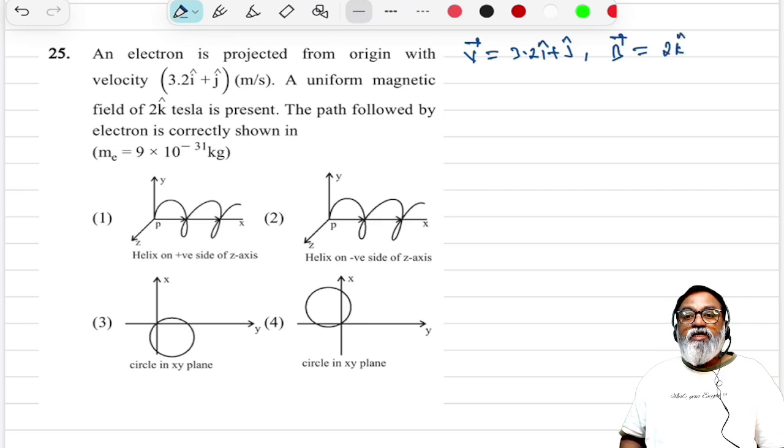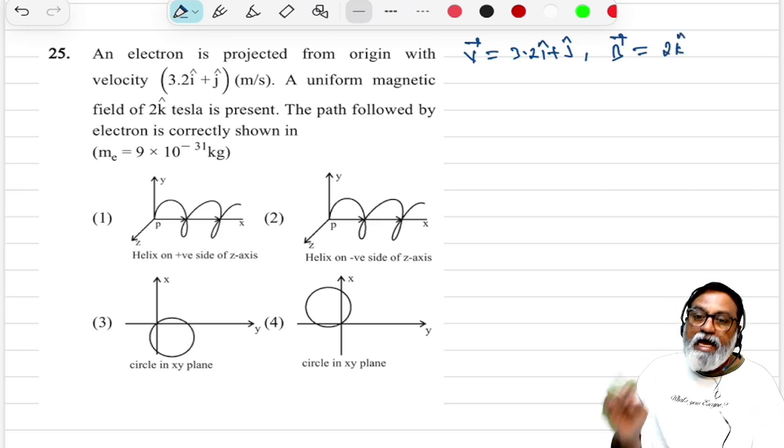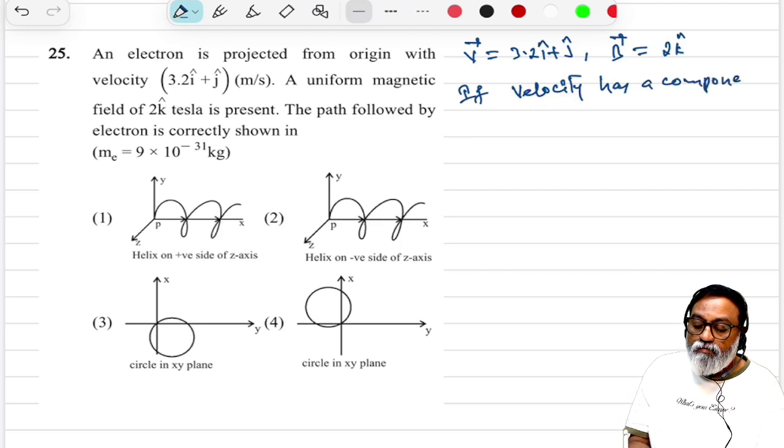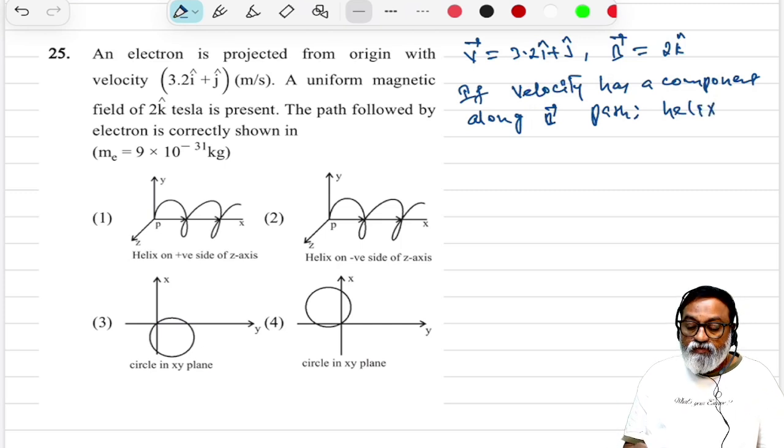If the velocity has a component along b bar, the path is a helix.